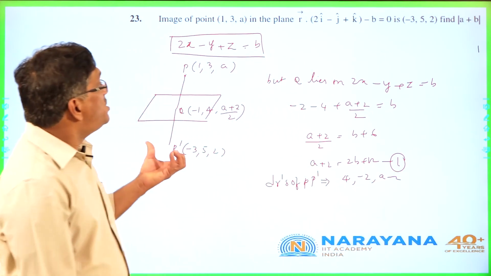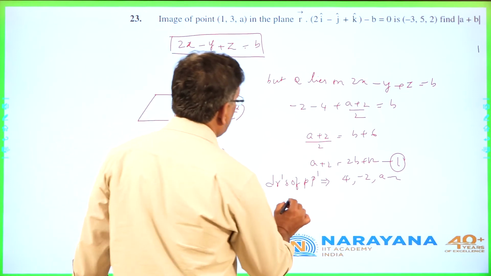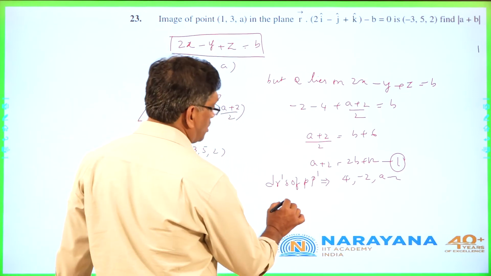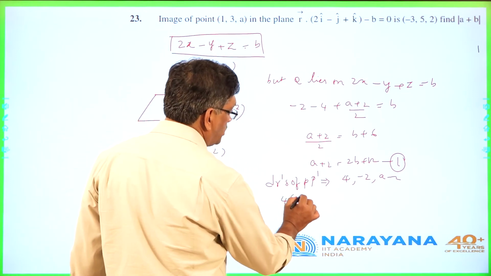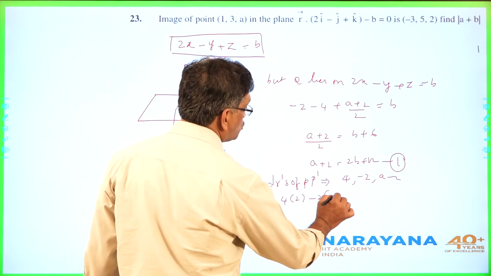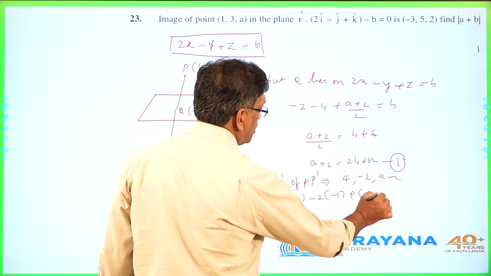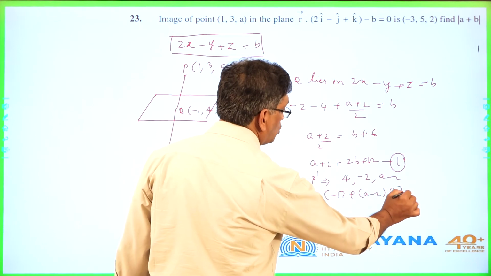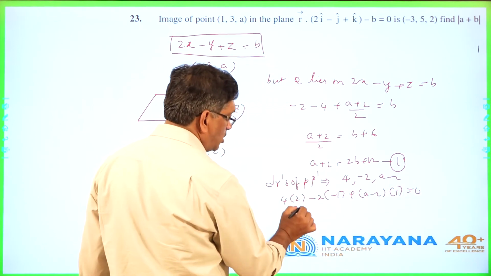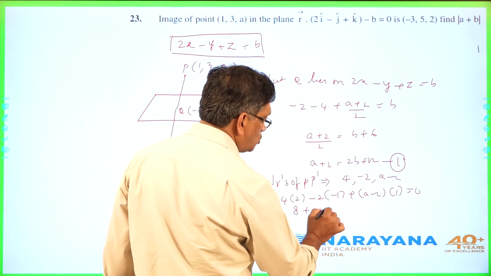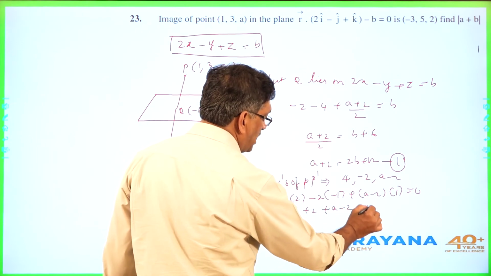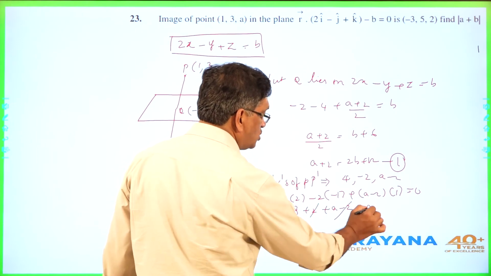And DRs of this one are perpendicular. DRs of this one, 4 into 2, minus 2 into minus 1, a minus 2 into 1 equal to 0. 8 plus 2 plus a minus 2 equal to 0.